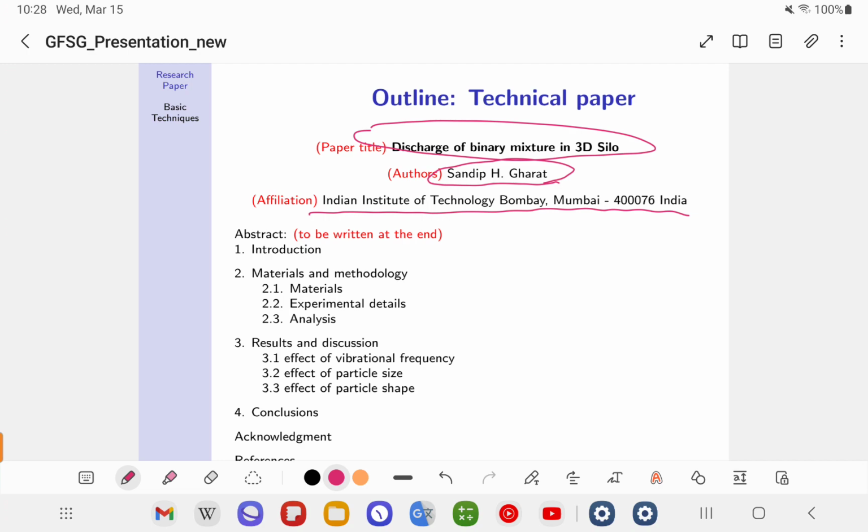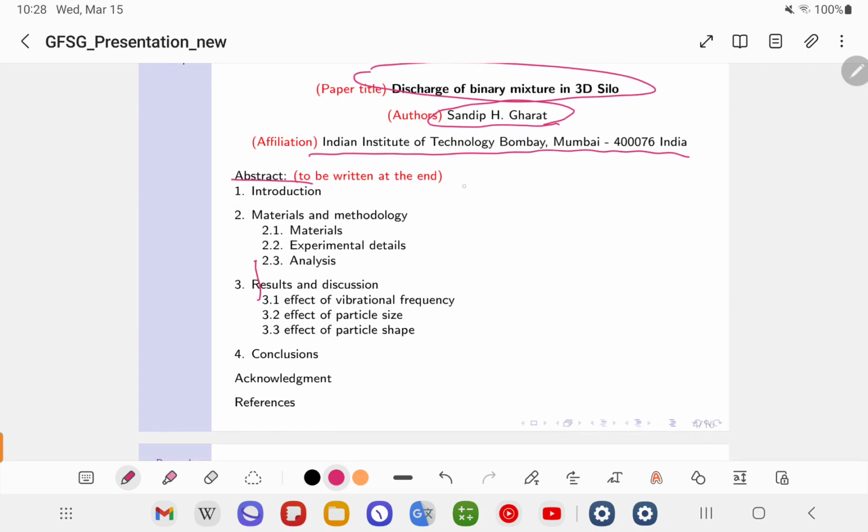If it is collaborative work, you can add one more. The individual points I will discuss in the next sections one by one. Abstract, then the four points which I have mentioned are very, very important: introduction, materials, results and conclusion.